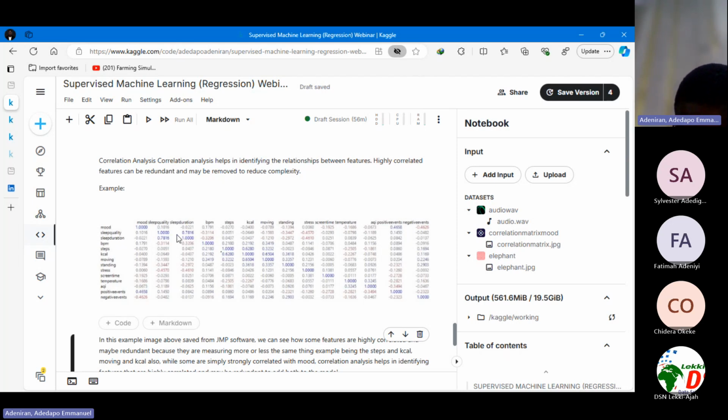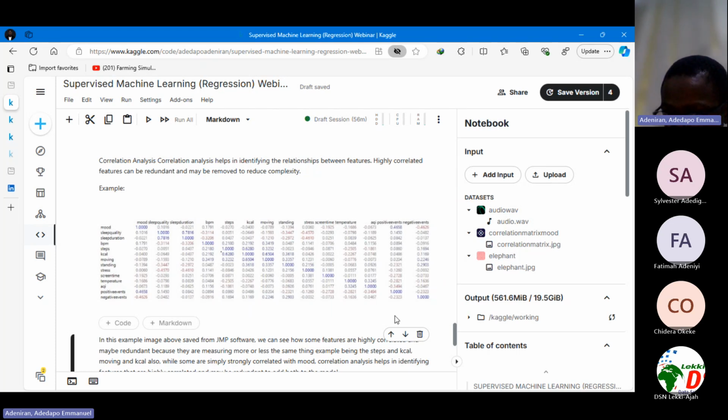They have a perfect correlation. BPM is perfectly correlated with BPM because they are the same thing. That is why on the diagonal axis you are just seeing one everywhere, because it's the same thing.